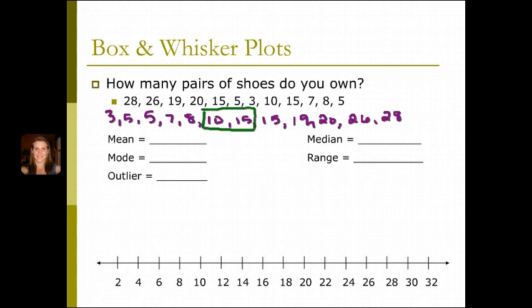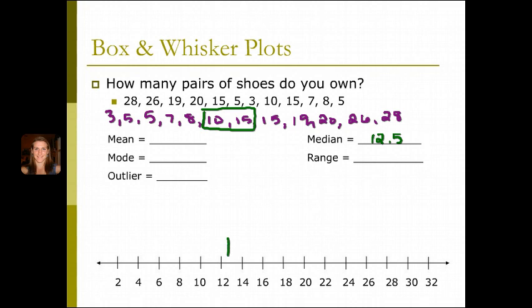Well, the average of 10 and 15 gives us a median of 12 and a half. From here, we have to plot our vertical line. Now notice that this time our number line is counting by 2's. So we're not going to be quite at the halfway mark because that would be 13. So we're going to kind of make that at the quarter mark. Make your vertical line.